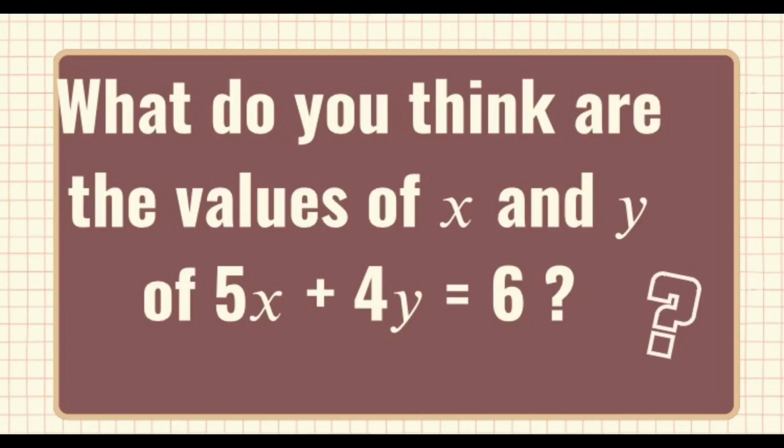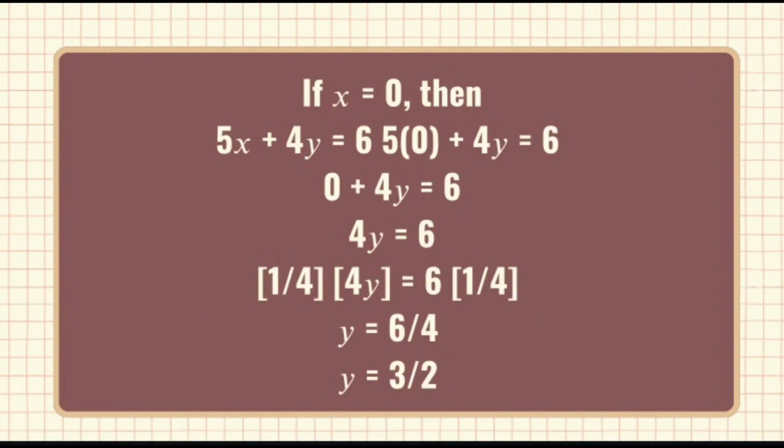This time, we will find possible values of x and y that will satisfy the equation 5x + 4y = 6. What do you think are the values of x and y? First, find two ordered pairs that satisfy the equation 5x + 4y = 6. To do this, we will assign any value of x and substitute it into the equation to solve for the value of y.